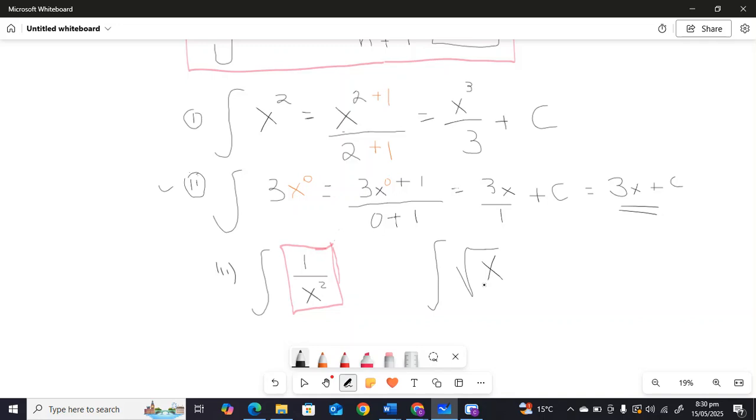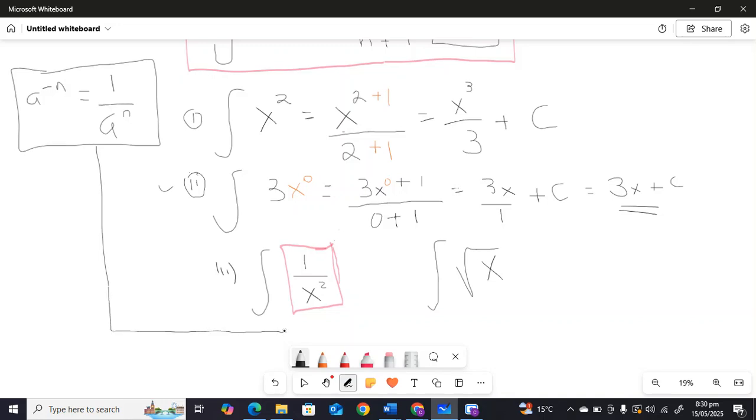Now, remember this law of indices: a to the power negative n equals 1 over a to the power n. Never forget this law, colleagues. Please write it down. So you are going to apply this law of indices here.